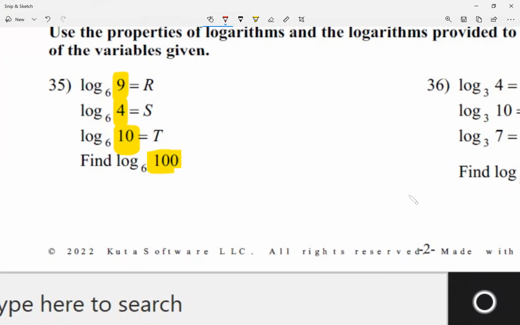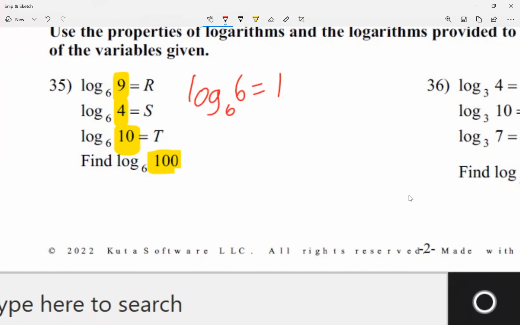Sometimes I might use a special case, log base 6 of 6 is equal to 1. I might use that. So in this case, I can also use 6. Again, I'm looking for combinations used in multiplication or division using the numbers 9, 4, 10, and 6. I need to have them equal to 100.